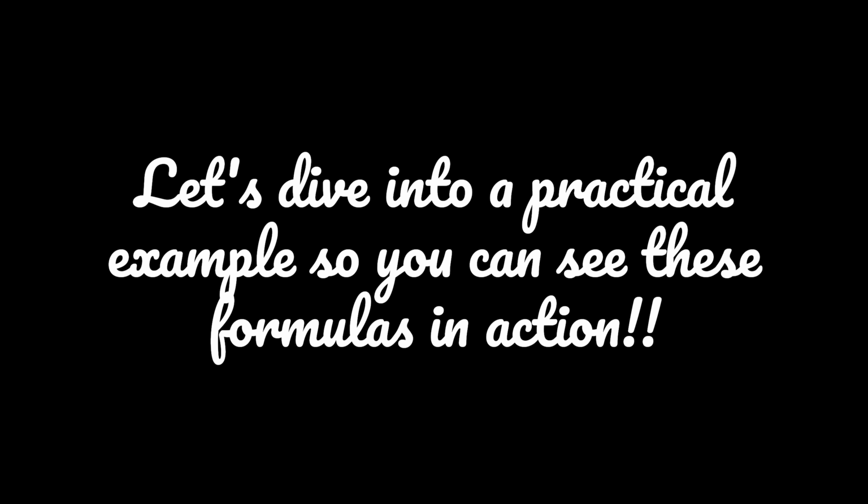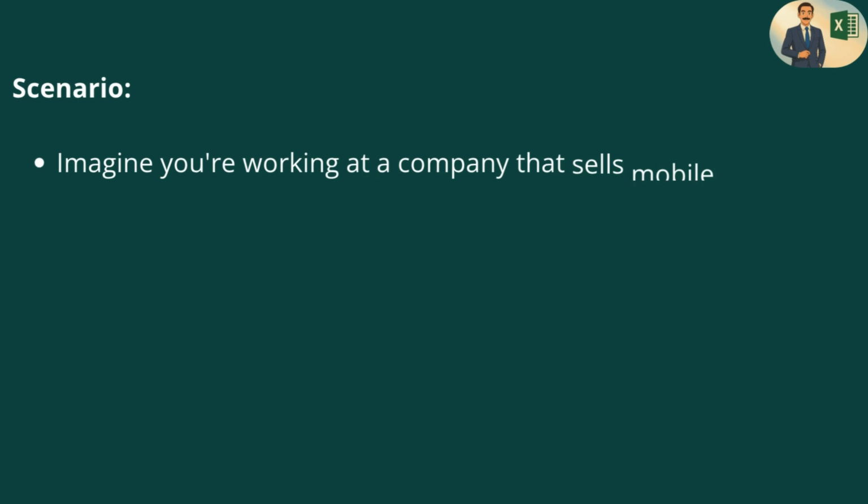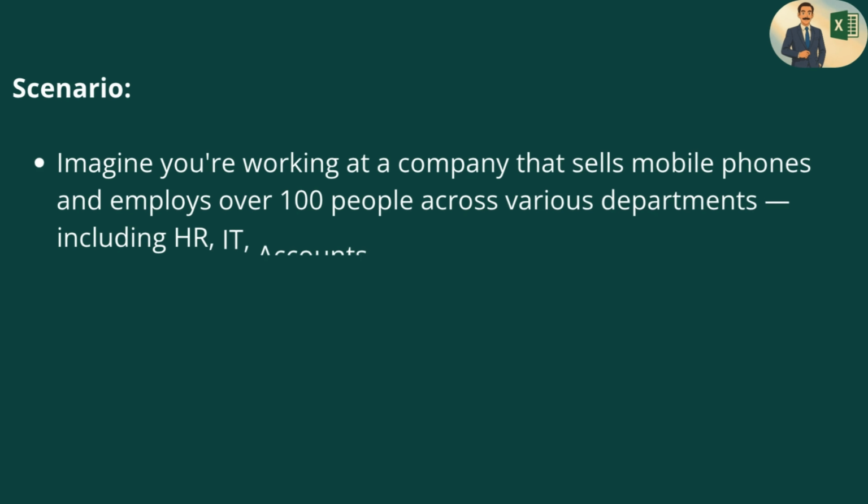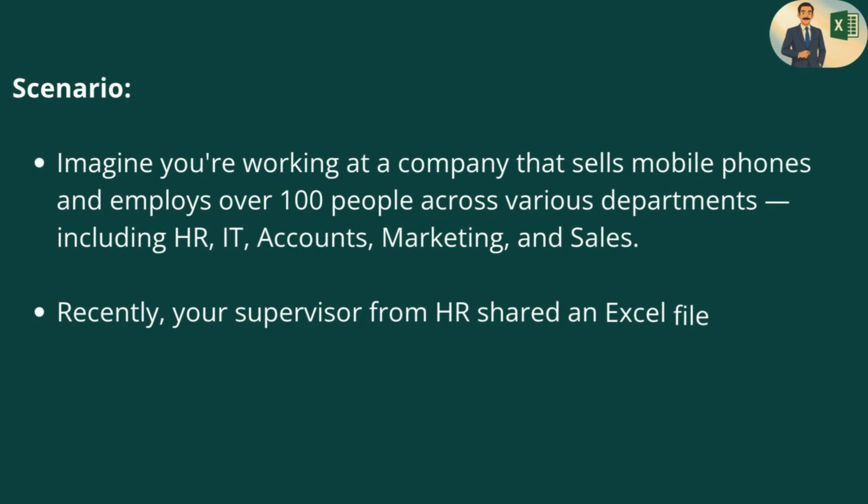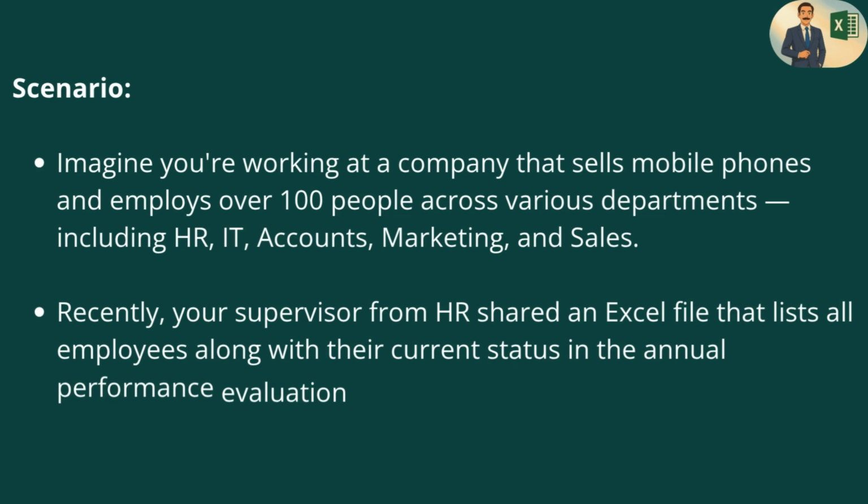Let's dive into a practical example so you can see these formulas in action. Imagine that you are working at a company that sells mobile phones and employs over 100 people across various departments, including HR, IT, accounts, marketing, and sales.